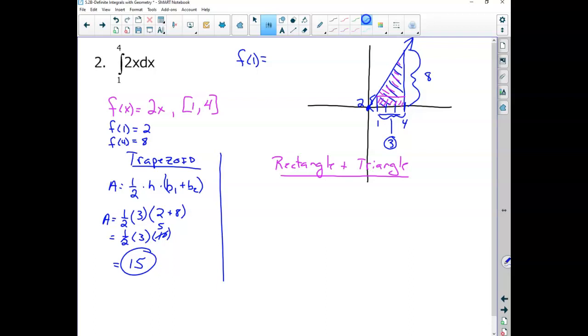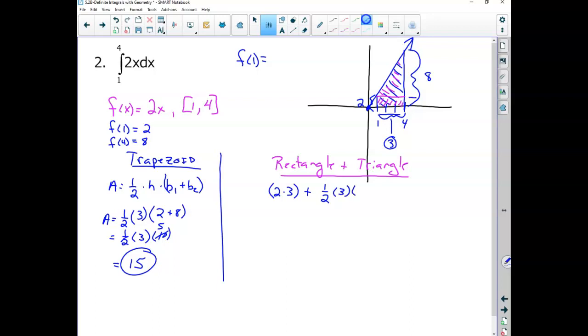If I looked at my area as a rectangle plus a triangle, this rectangle here is going to be 2 times 3, plus my triangle, whose area is 1/2. My base is going to be 3. Now what's my height?